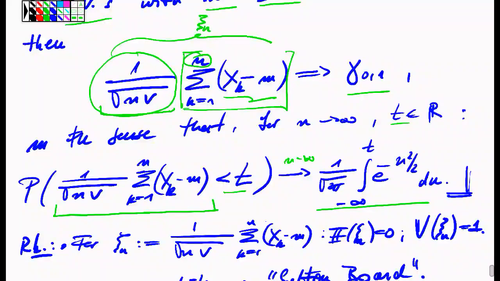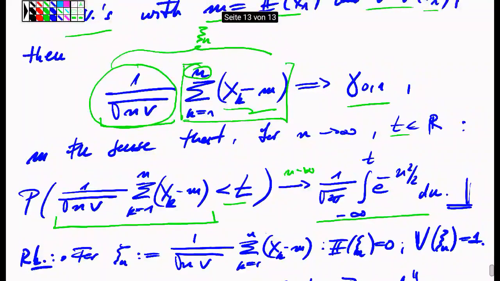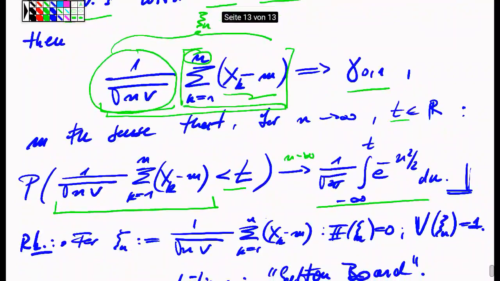In this sense, the statistical properties, the statistical law, the description of this properly normalized sequence of random variables converges to the description given by the standard normal distribution. That's the statement of the central limit theorem.